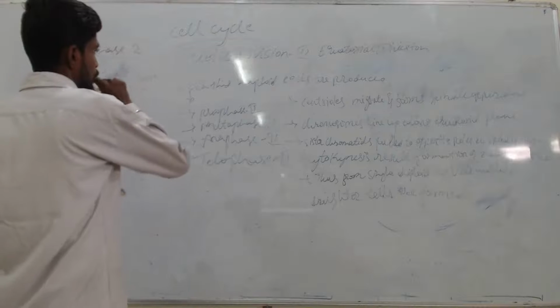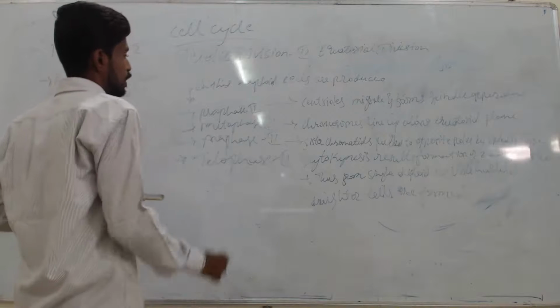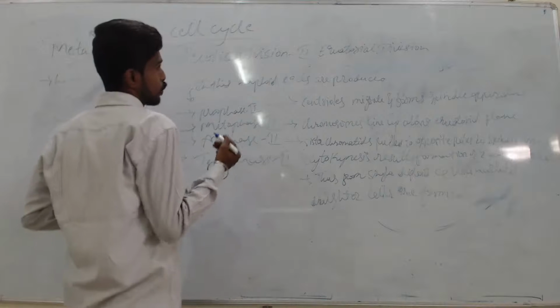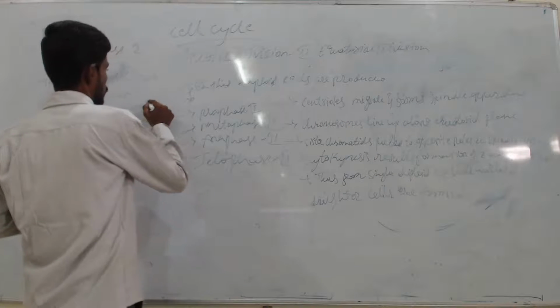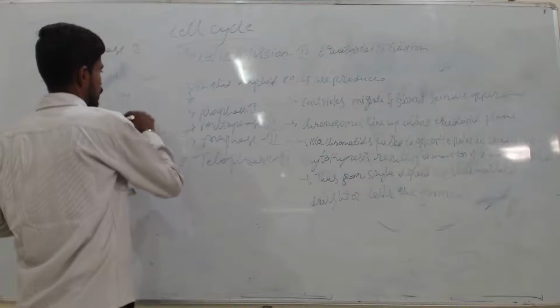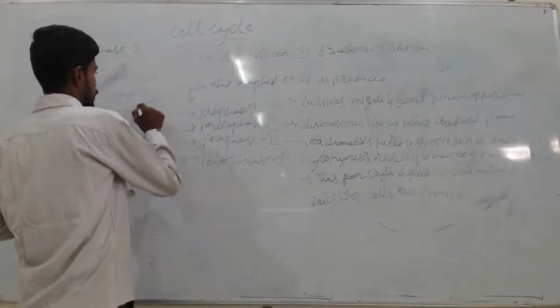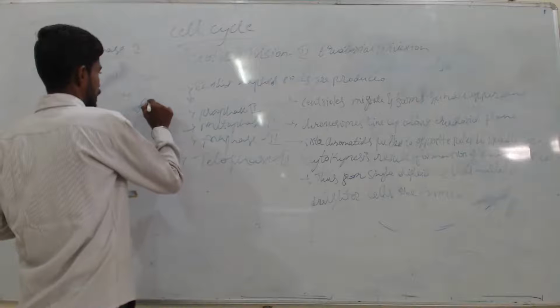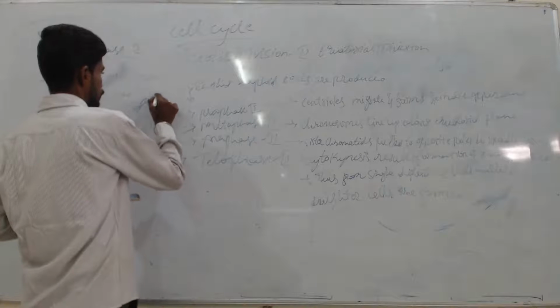Meiotic cell division 2 is also known as equatorial division, meaning all the chromosomes after the cell division come to the equator and join as a plane of chromosomes.